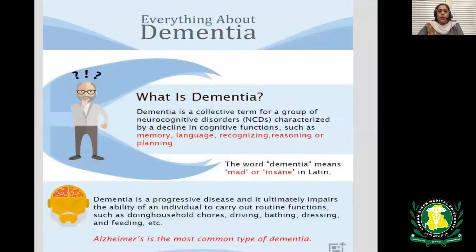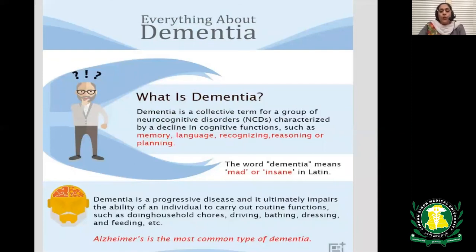So what is dementia? According to DSM-5 classification, dementia is a collective term for the group of neurocognitive disorders that is characterized by the decline in cognitive function, such as memory, orientation, language, executive function, judgment, calculations, and other domains.